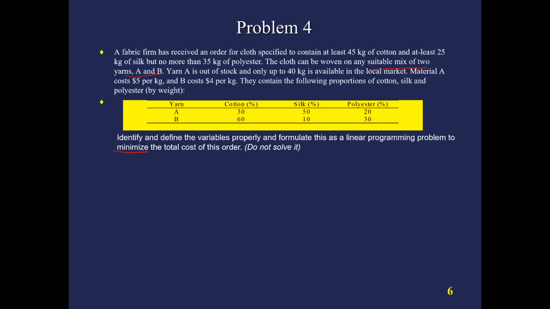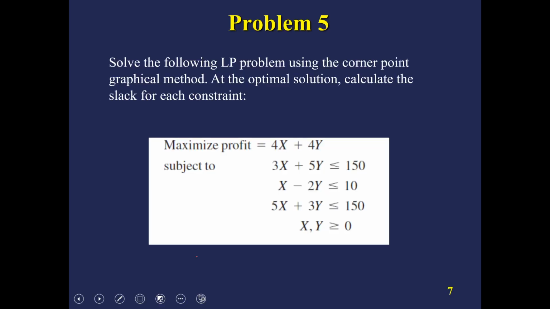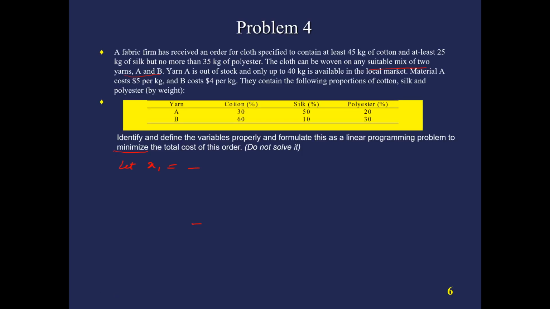So our decision variables are, let x1 is equal to number of kilograms of yarn A, and x2 is equal to number of kilograms of yarn B. All right, then our objective is to minimize the total cost.